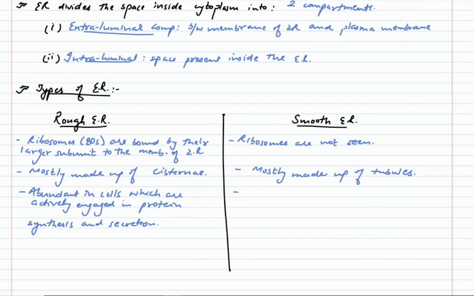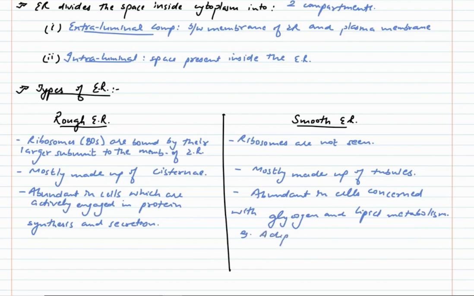The smooth endoplasmic reticulum is abundant in cells concerned with glycogen and lipid metabolism. So in animal cells, most of the lipids like steroidal hormones are synthesized by the smooth endoplasmic reticulum.